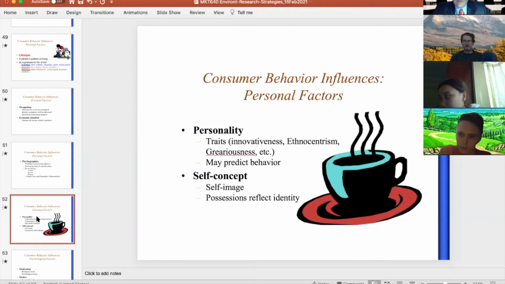Ethnocentrism is also an index that goes from some ethnocentrism to a large amount of ethnocentrism, okay? And that also helps from a personality perspective to understand people's behavior. It may work, but again, for the most part, personality is a very small proportion of why people buy.